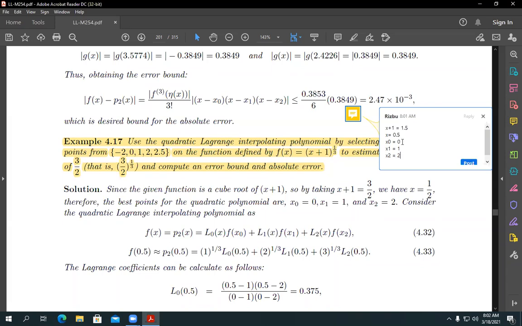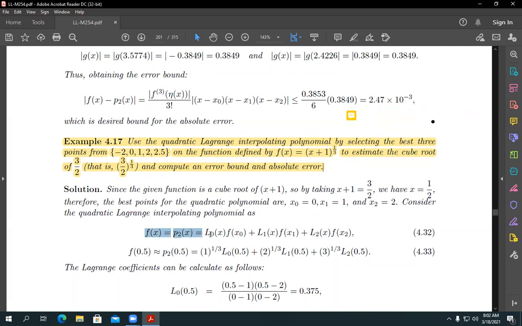Now we are ready to use a quadratic polynomial. The first thing is to write the formula of the quadratic polynomial. This is the formula of the quadratic polynomial, and then we have to calculate the approximation of the function at the given point 0.5. So we need f of x0.